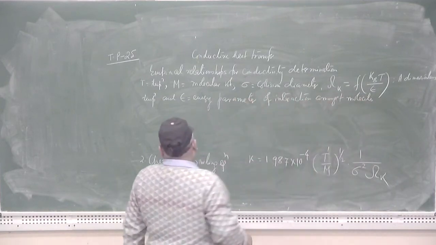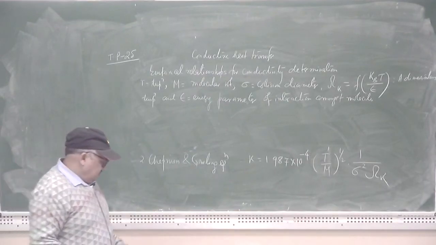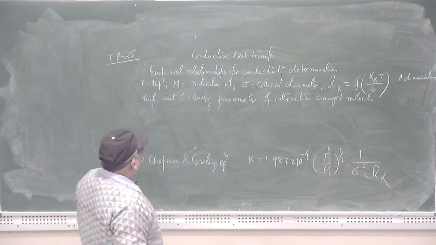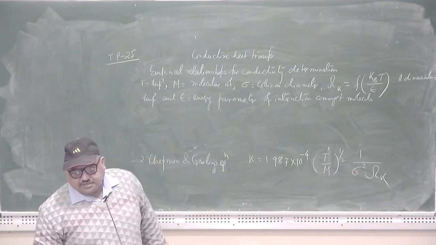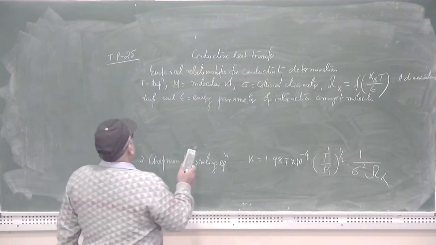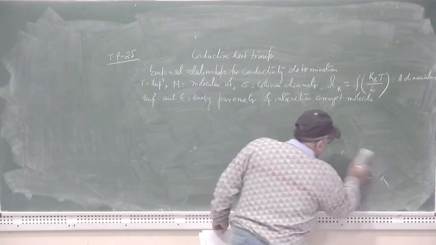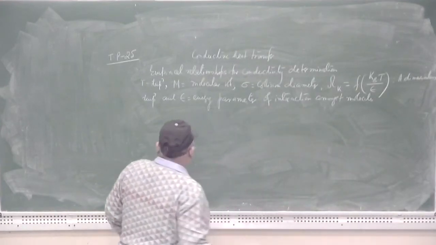This is the Chapman and Enskog formula. The third formula is the Eucken formula, which is utilized for the polyatomic gases. So the next formula is the Eucken formula for the polyatomic gases.